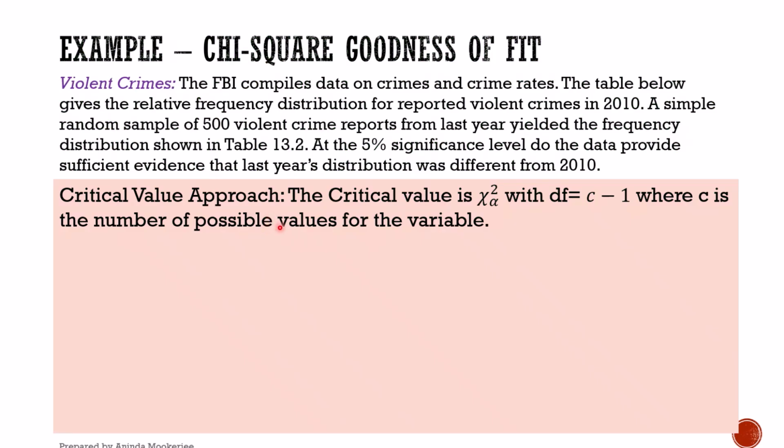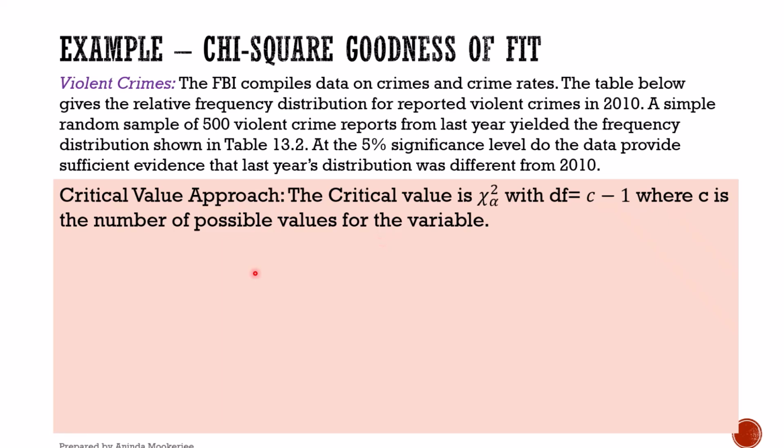And in the critical value approach, we have to start by bringing up a curve, a chi-squared curve in this case, and then showing the reject and the do not reject regions and finding the critical value, the cutoff between the reject and the do not reject regions, correct?